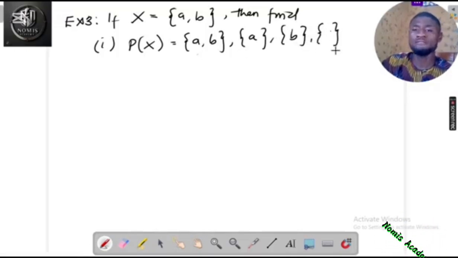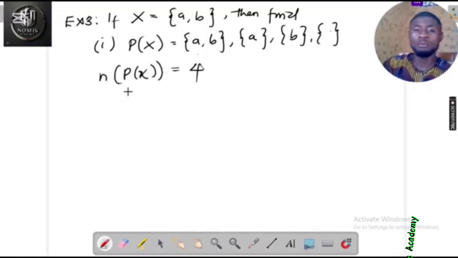So we have four subsets. So we can tell that the cardinality of the power set of X is equal to 4. What does that suggest? Maybe we should take another example to see what it suggests.